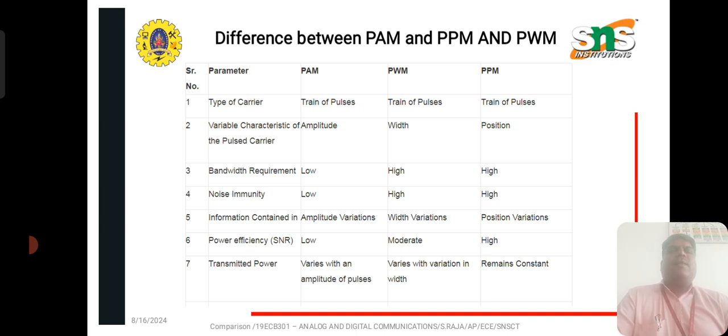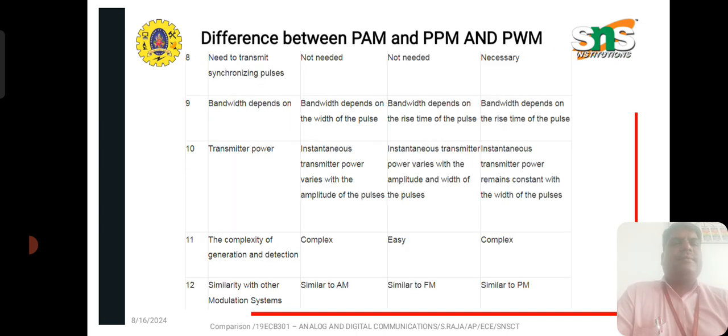Transmitted power: in PAM it varies with the amplitude of the pulses, in PWM it varies with the variation in widths, and in PPM the parameters remain constant. Next, the need to transmit synchronization pulses.